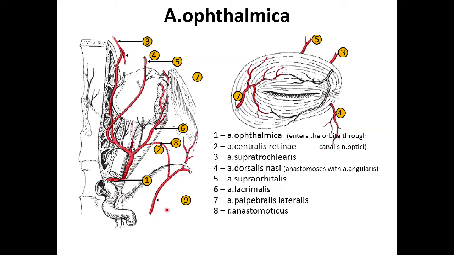This artery number 9 is Arteria meningea media. Meningea media is located in the middle fossa of the cerebral part of the basis cranii, and they are connected with each other through this anastomosis.